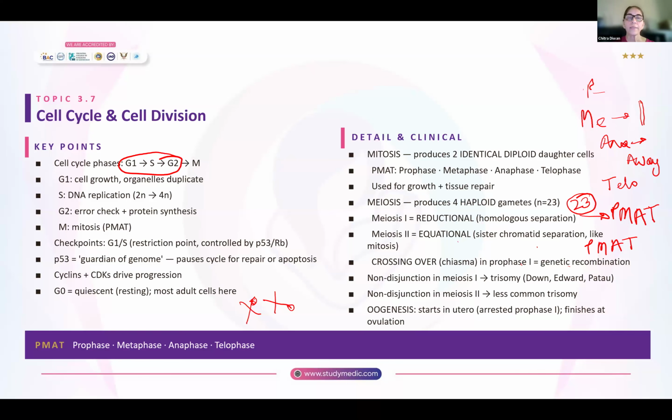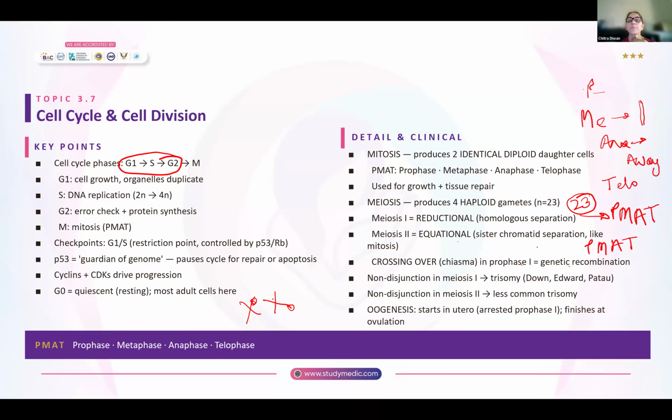That is why the genetic material in cells formed after meiosis is different from the genetic material of the parent cell. And this phenomenon, this crossing over or chiasma, explains why siblings are not identical and why they are different from each other, because of the difference in genetic material after the homologous chromosomes align in meiosis 1.